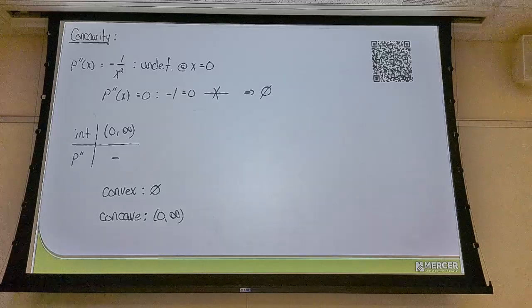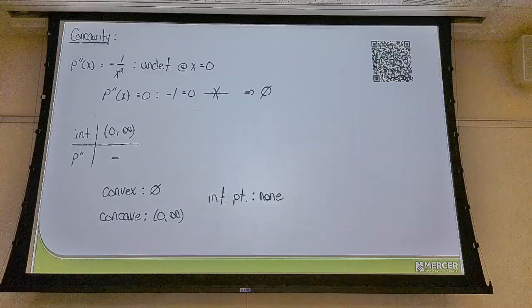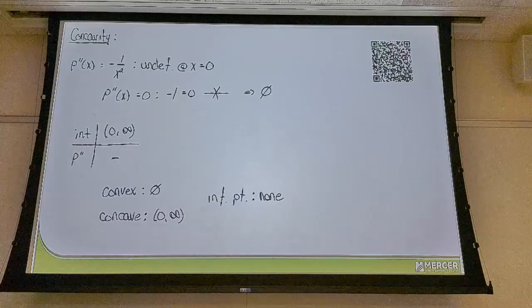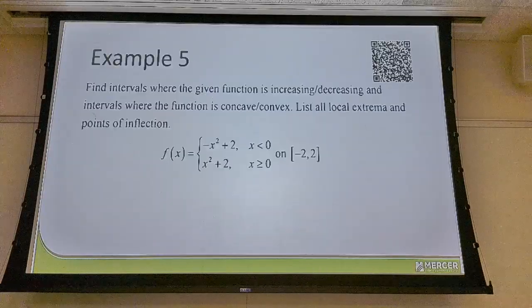Is there a sign change? No. So no inflection points.